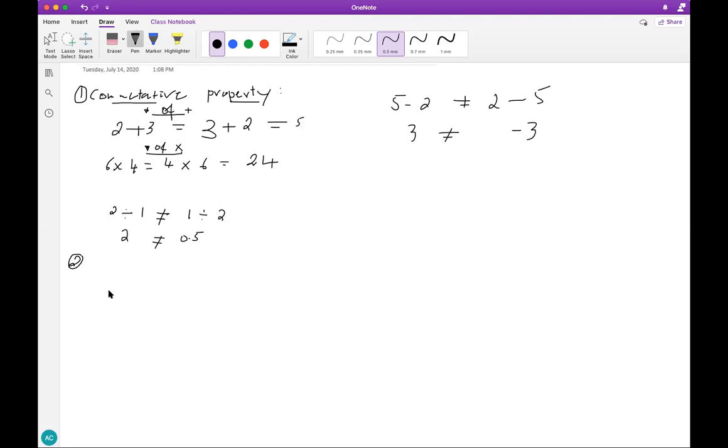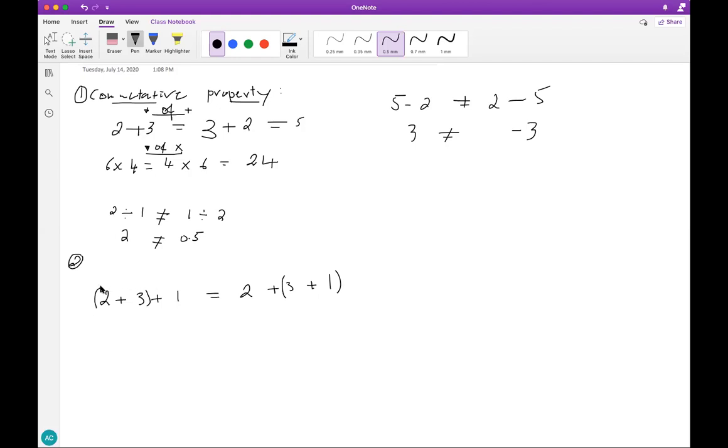Another one is, before I give you the name, let's see if you can figure it out. Let's say we want to add 3 numbers. We can do this in at least 2 different ways. You could add these 2 first and then add the sum to the other one, or you could start with these 2 and add the sum to the first one. According to the order of operations, what do you do first here?